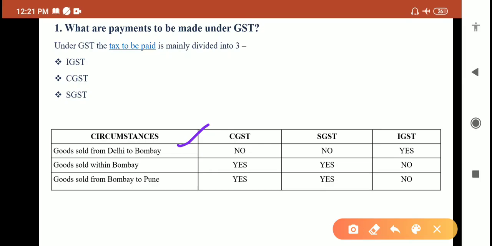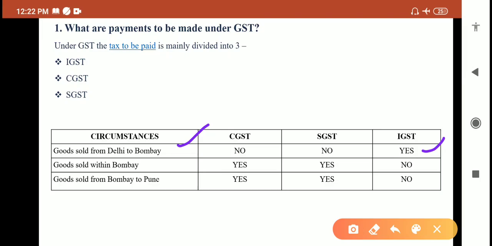Is CGST applicable? No. Is SGST applicable? No. Is IGST applicable? Yes. Why is only IGST applicable in this first circumstance? Because it is an interstate transaction. The transaction is being held between two different states.